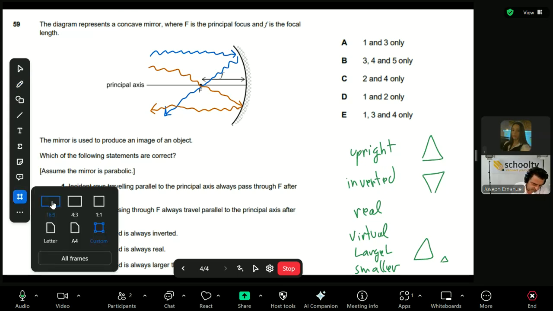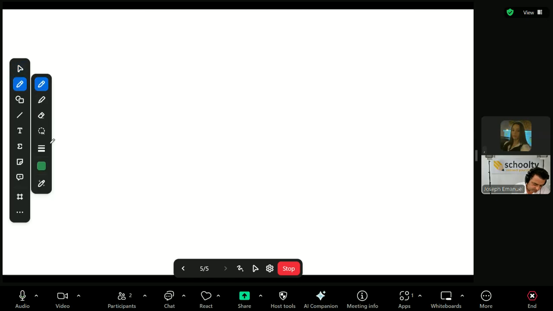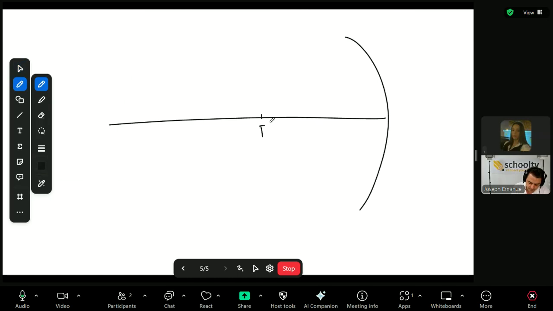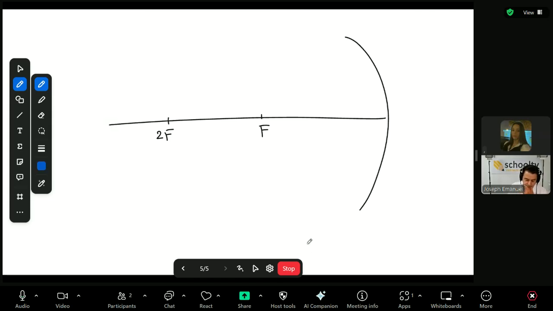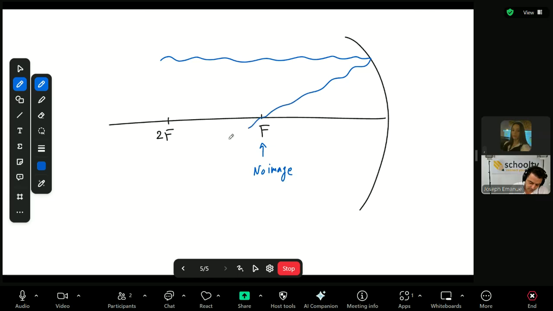Okay, so let's go to another page and I will explain everything here. You have here the mirror, the concave mirror. You have here F, you have here 2F. At this point you have no image, because all the arrows come through here.